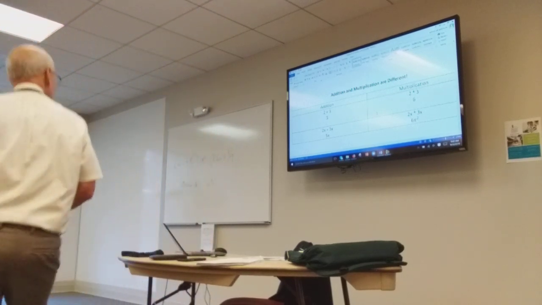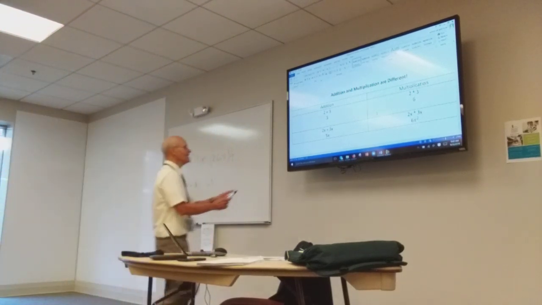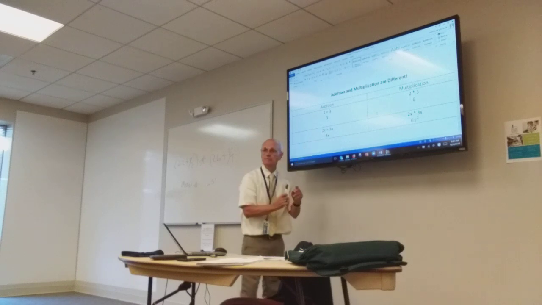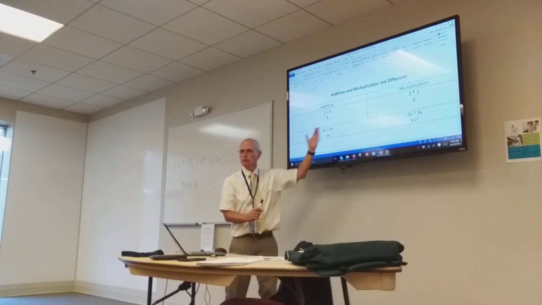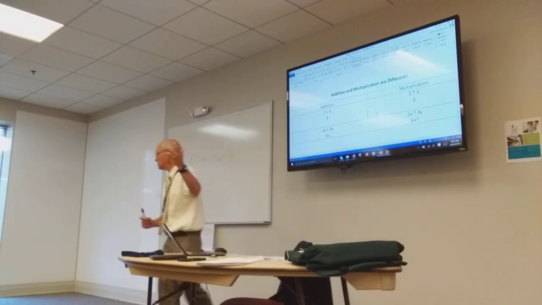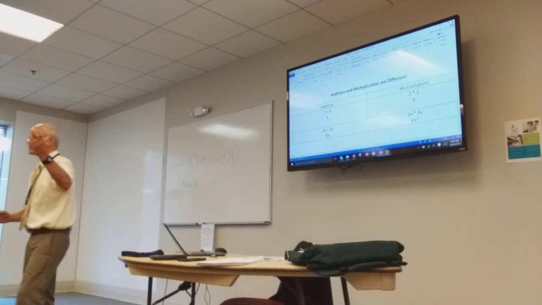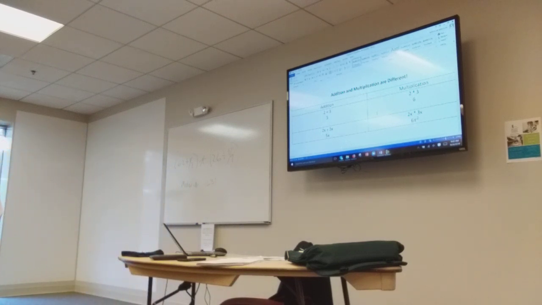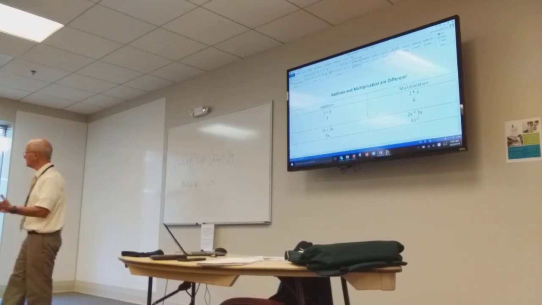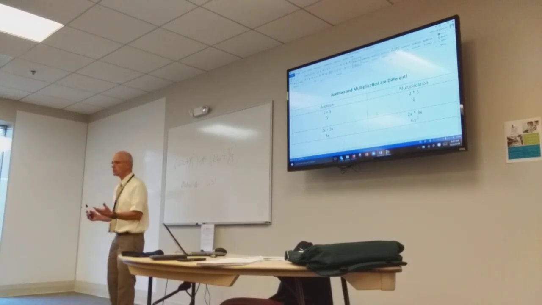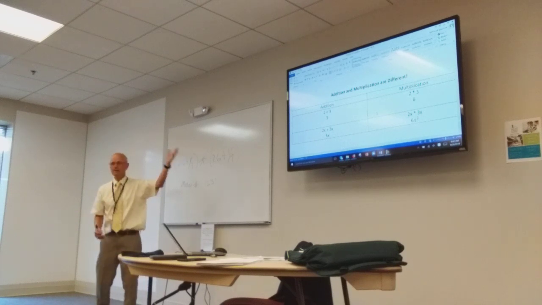The x's have to be the same. The numbers don't have to be the same. What you're doing is you're adding the x's. I got 2 x's, I got 3 more x's, I got 5 x's. That's how you add. It's totally different than how you multiply. Well, of course it is. Add and multiply.